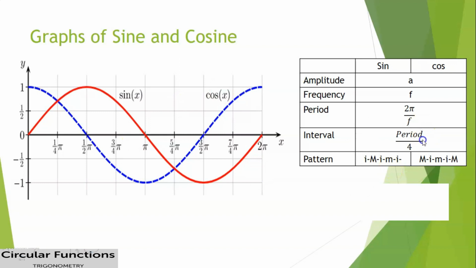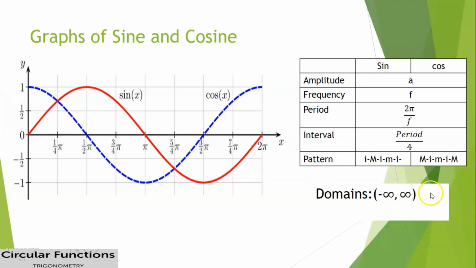So to get the interval here, it would be the period divided by 4. So this is always 0. So first interval, second interval, third interval, and fourth interval. Or this is 0, 90, 180, this is 270, and 360.